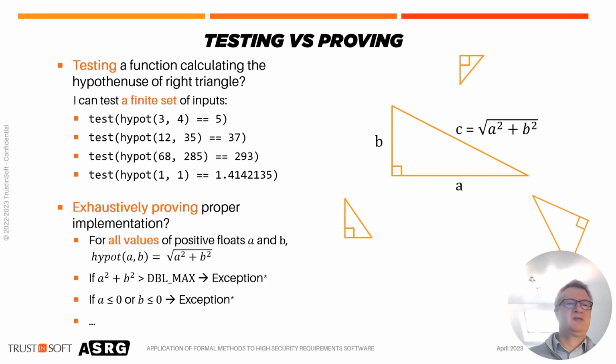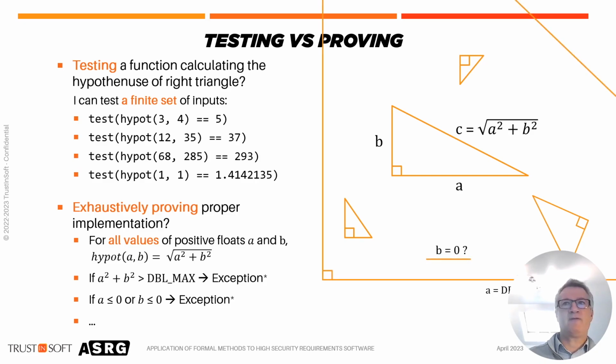What if you exceed the range of possible floats, double max, which is the largest possible float? I will have to handle it correctly. What if the inputs a and b are negative? Yes, there should be an exception also, etc.